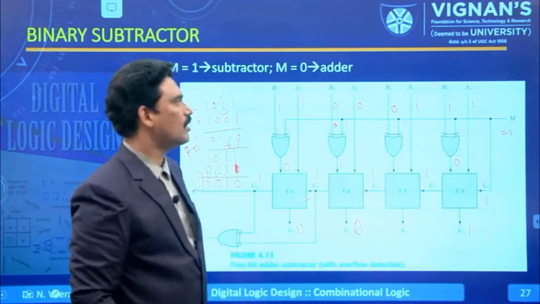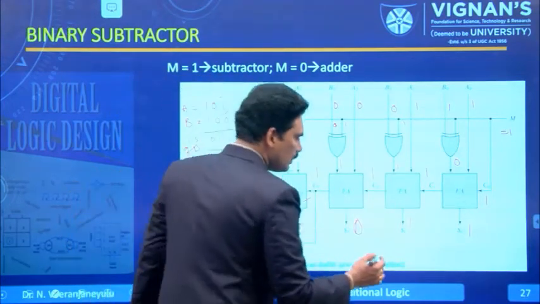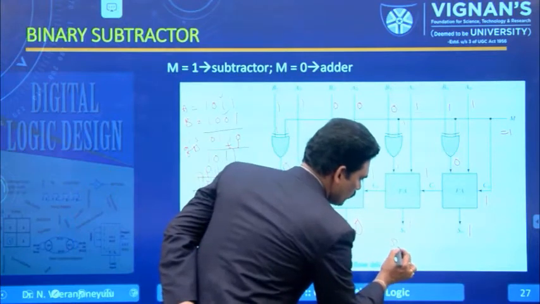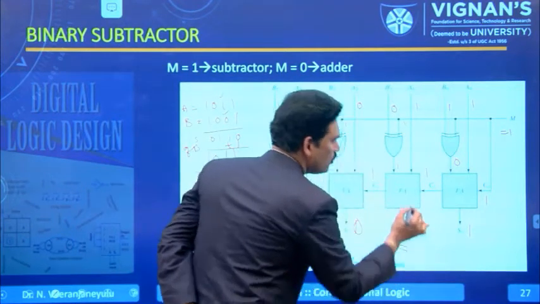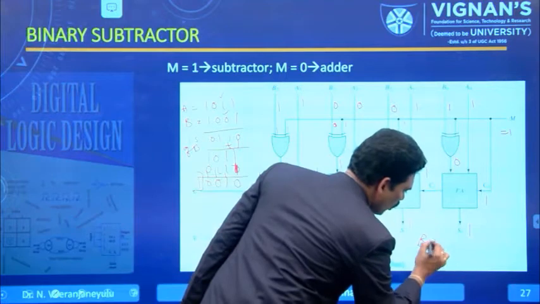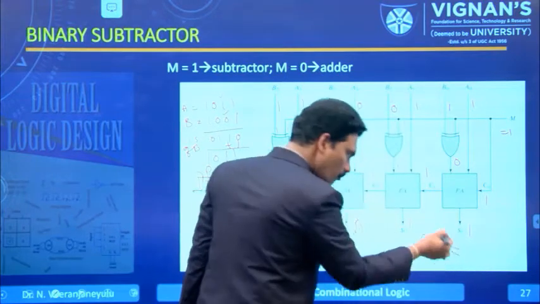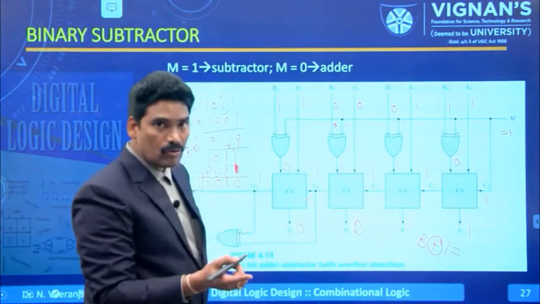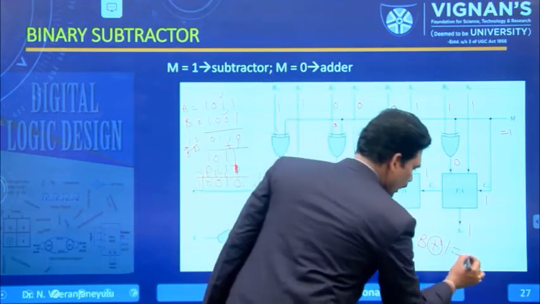What is the expression for this? S is equal to A plus B exclusive OR M. B exclusive OR 1 is equal to B bar.